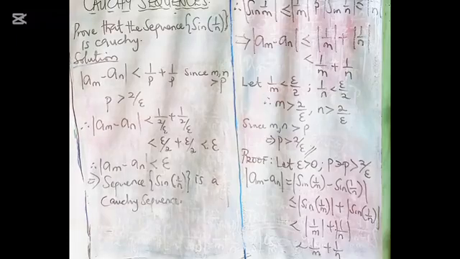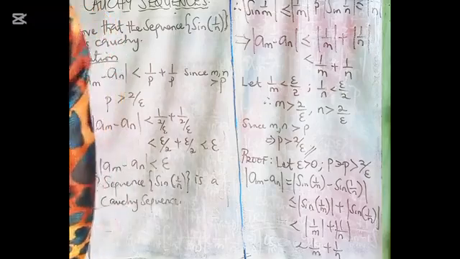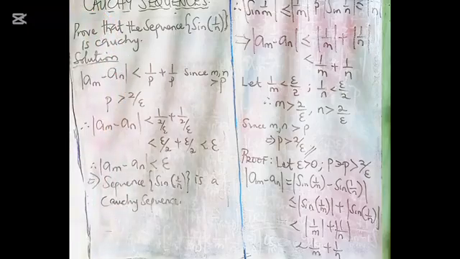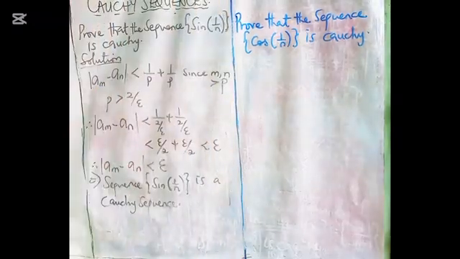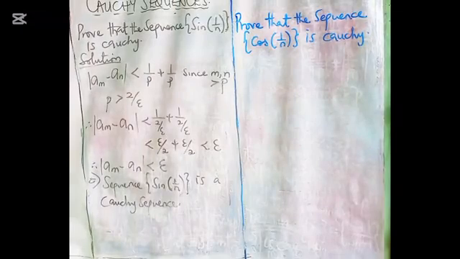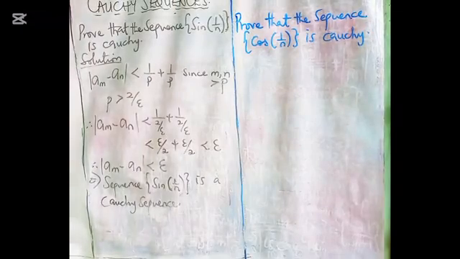We check also for cos 1 over n in our next example now, and determine whether cos 1 over n will also be Cauchy. As example 2, we want to prove that the sequence cos 1 over n is Cauchy.